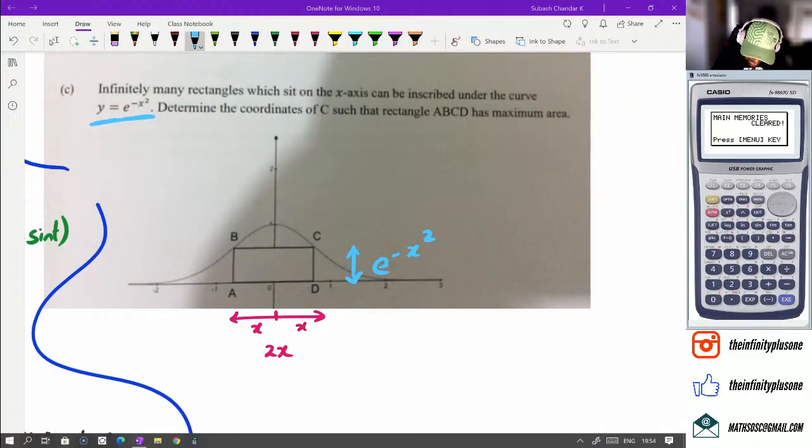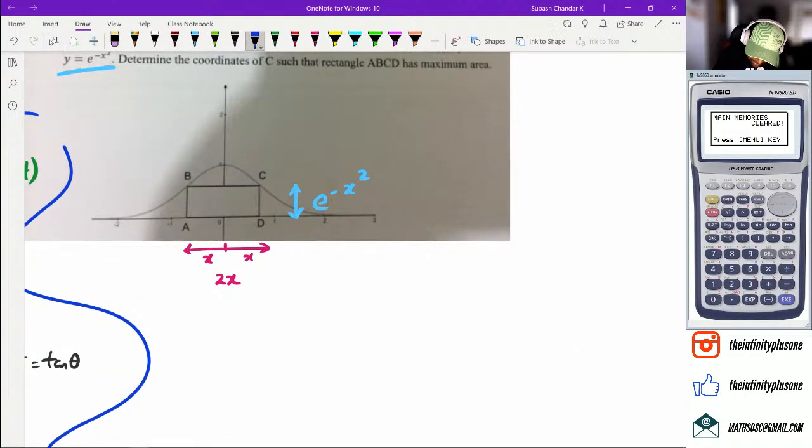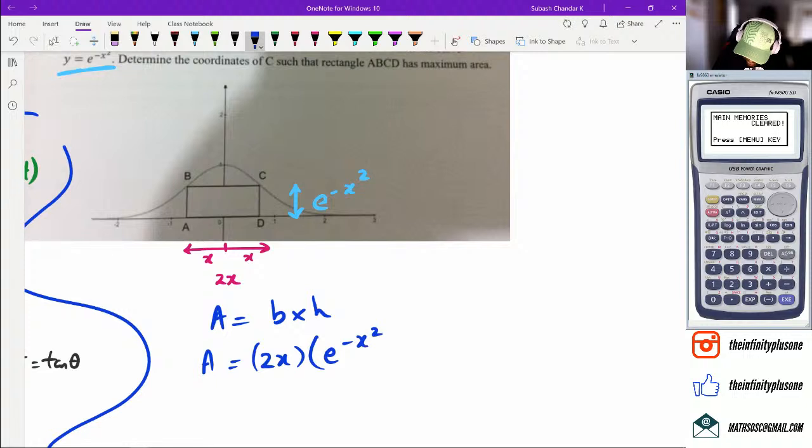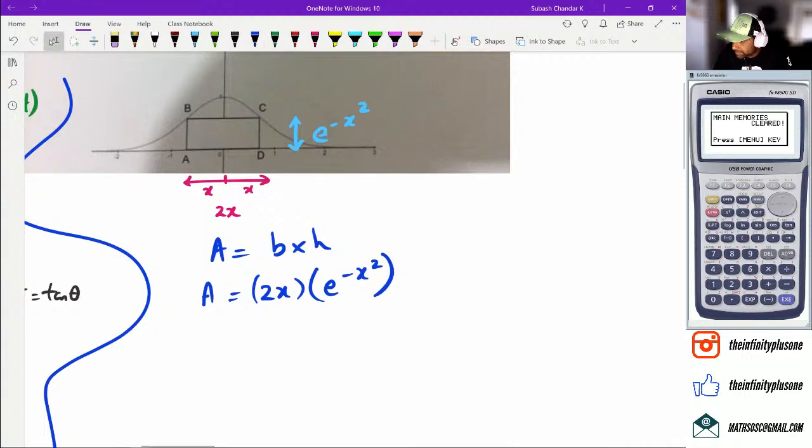So what we've got here is area equals base times height. So area is equal to 2x multiplied by e to the power of negative x squared.